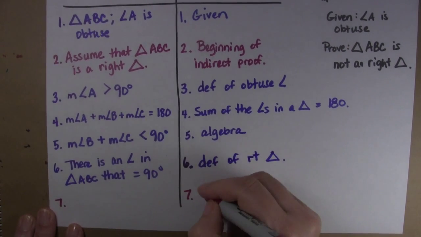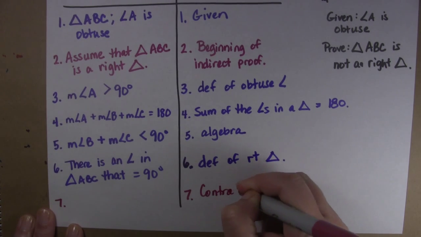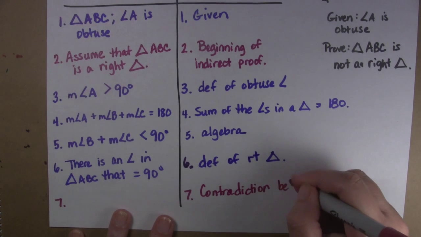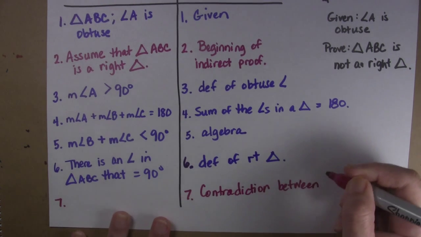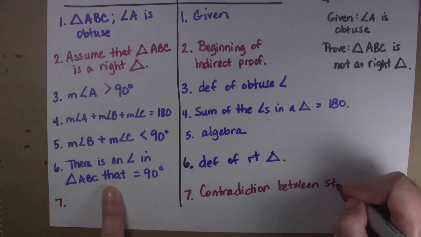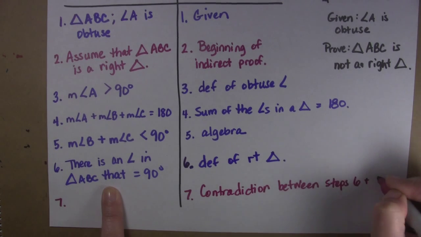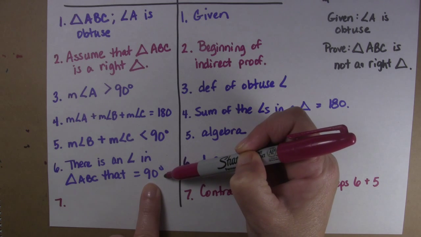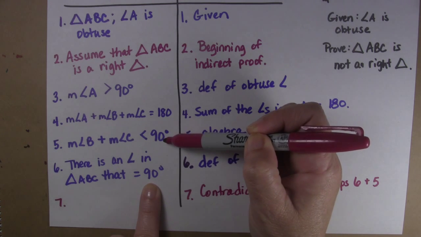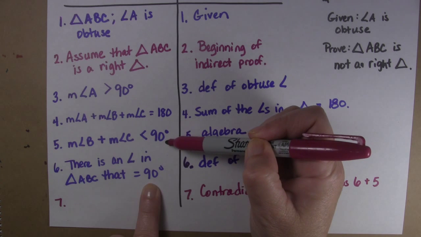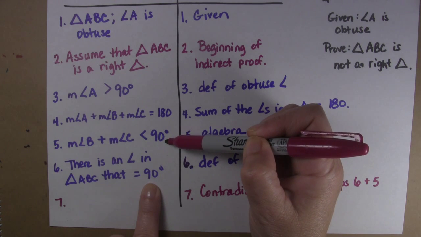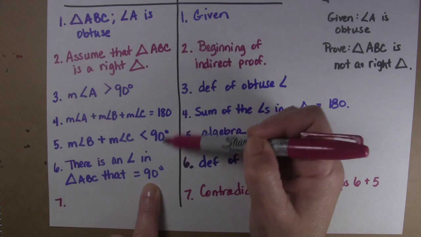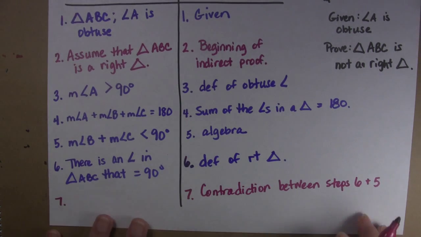Now I say that there is a contradiction between step 6 and 5, right? 6 says that there has to be an angle that equals 90 degrees, but 5 says that if you add them both together, you're less than 90 degrees. Oh boy, those two things cannot happen together at the same time, at least not in this universe.